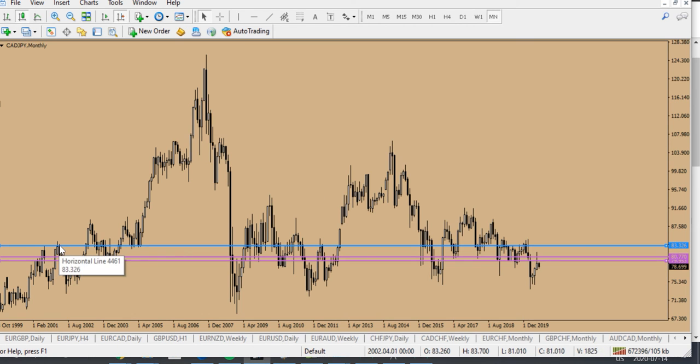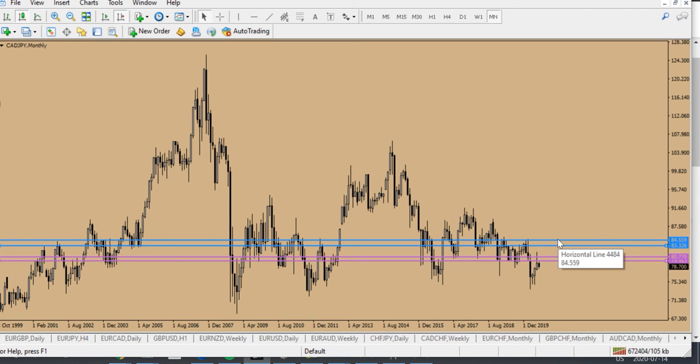As you can see, every time it touched that price, it dropped, went up like crazy, dropped like crazy. So basically, that area would be good for a strong sell.